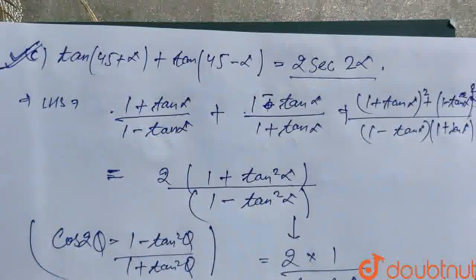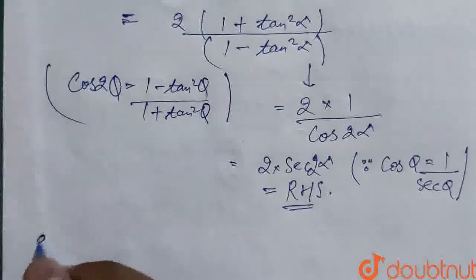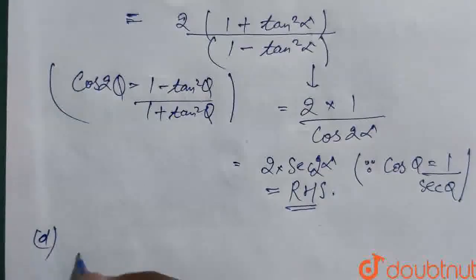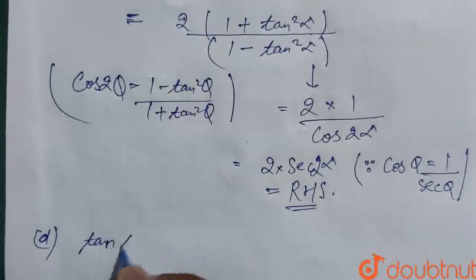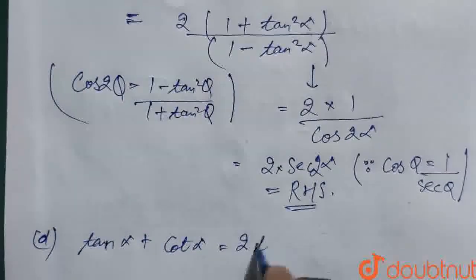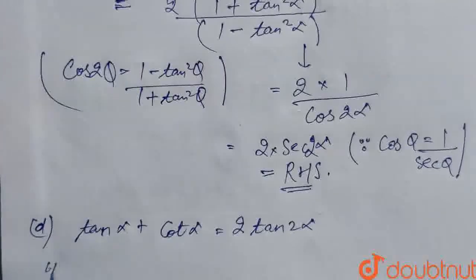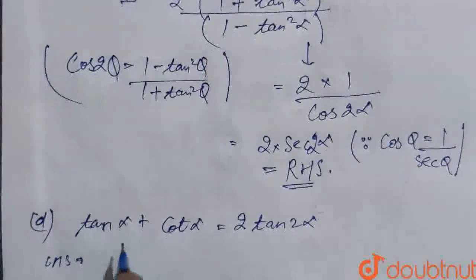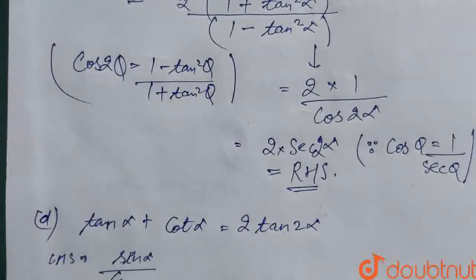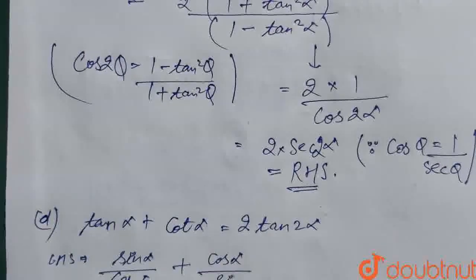Now taking option D, we are given tan alpha plus cot alpha equals to 2 tan 2 alpha. So again taking left hand side and writing it in form of sine and cos, sine alpha upon cos alpha plus cos alpha upon sine alpha.